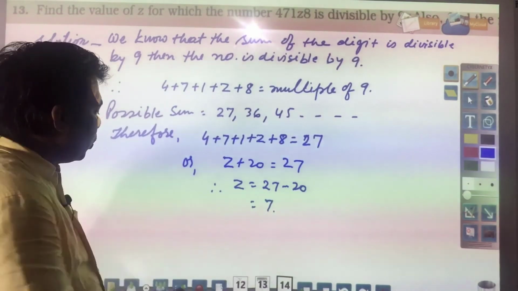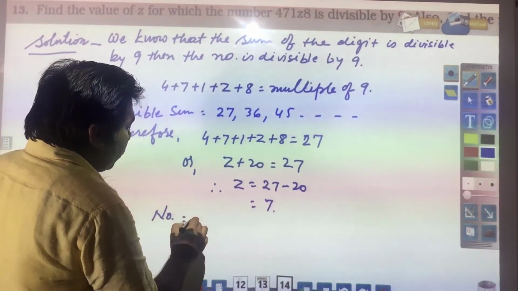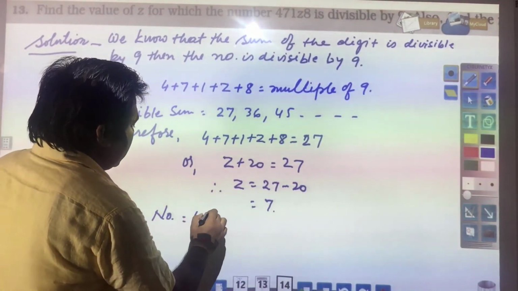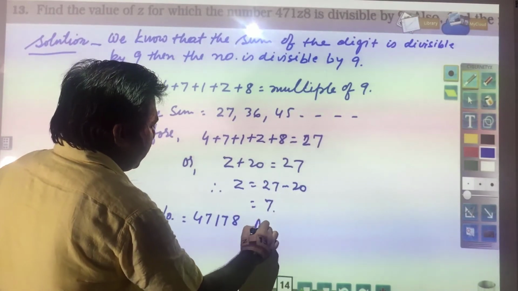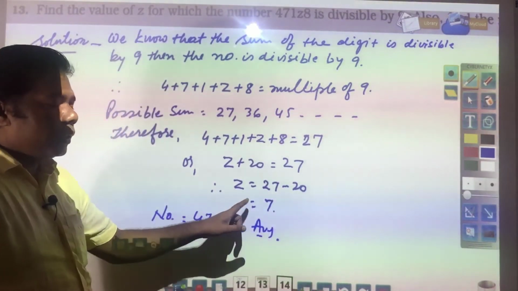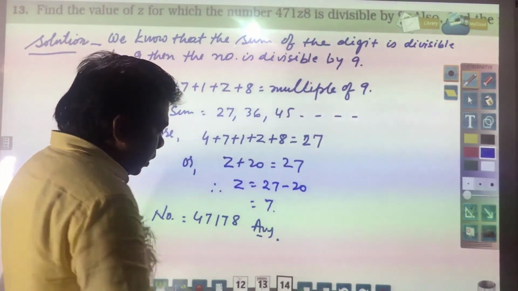So your number will be 4, 7, 1, 7, 8, and this will be your answer. So z is equal to 7.